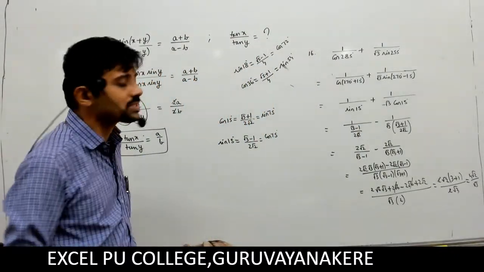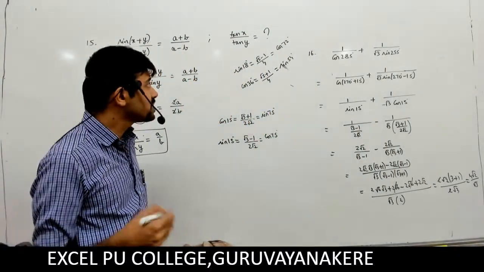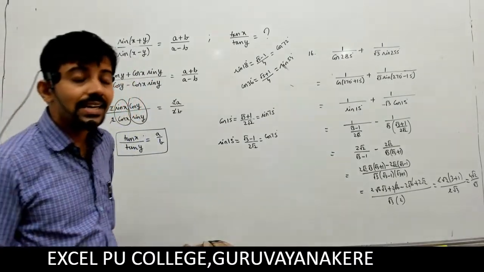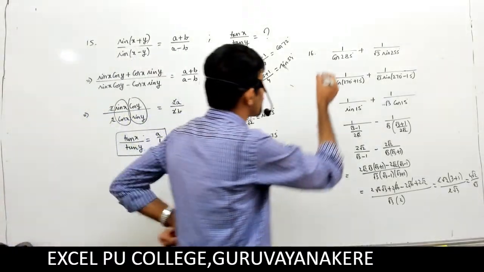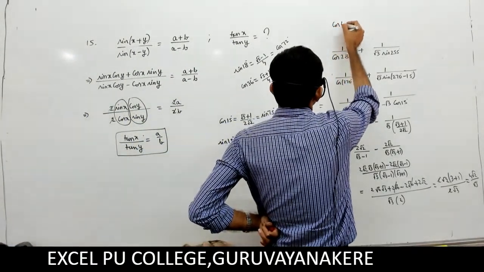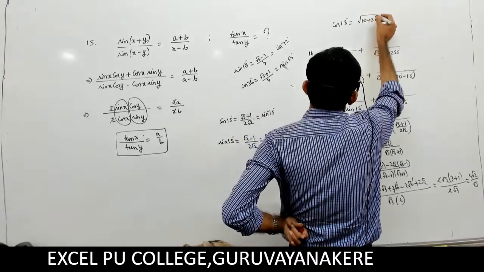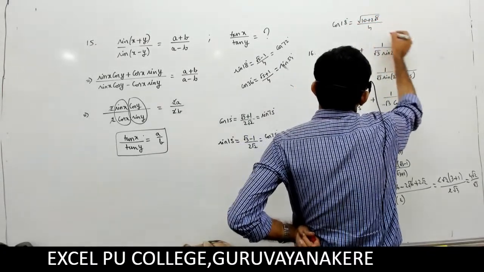Sin 36 degrees is root of 10 minus 2 root 5 by 4. Cos 18 degrees is root of 10 plus 2 root 5 divided by 4.